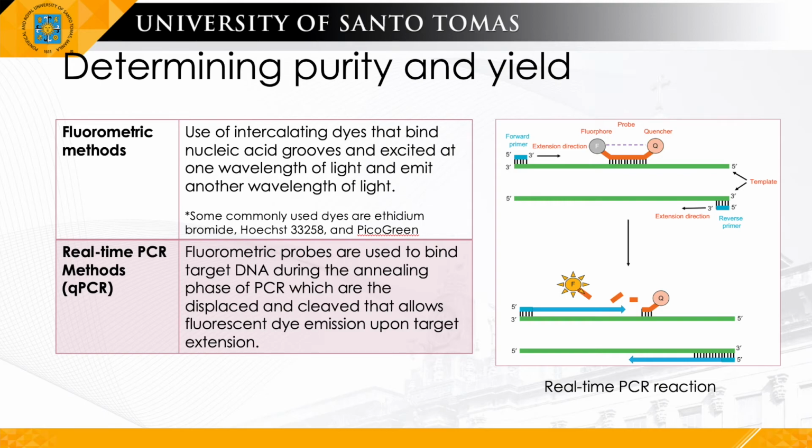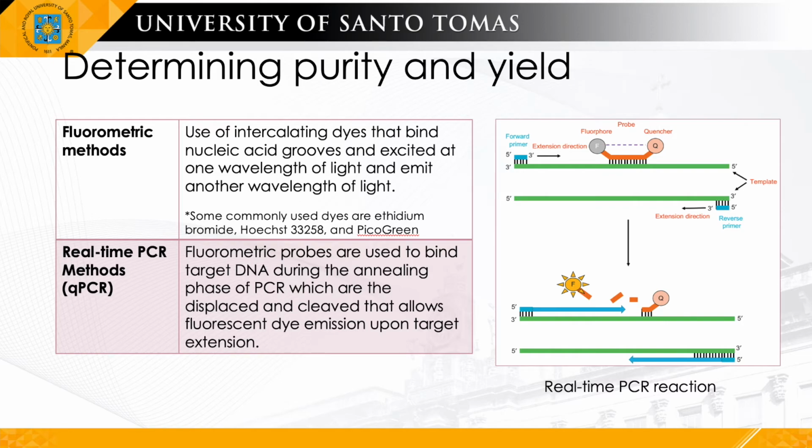After the dyes bind to the nucleic acid, they are excited at one wavelength of light and emit another wavelength of light. Therefore, different concentrations will show different intensity. The difference in spectral characteristics of nucleic acid-bound fluorophores allows sample concentrations to be determined. Dyes used for fluorometric methods are ethidium bromide, Hoechst 33258, and PicoGreen.